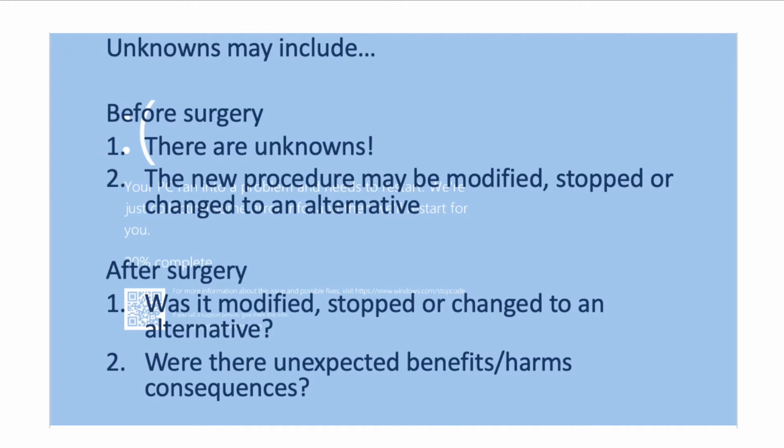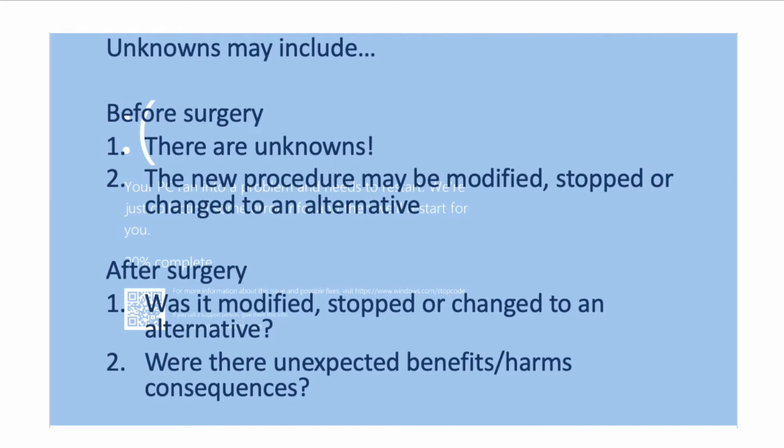And joking aside, unknowns are a really important and unique part of surgical innovation. It gets to the heart of why something is new, because we don't know things about it. And we should be clear with people before surgery that there are unknowns and try and explain how much uncertainty there is based on the evidence we have and professional opinion.